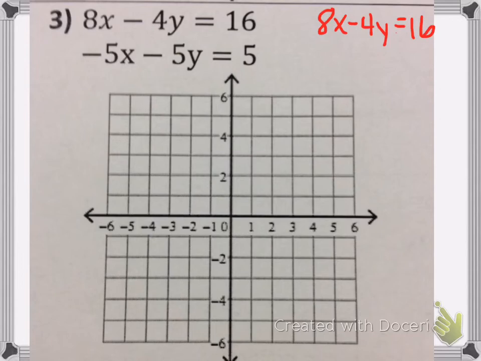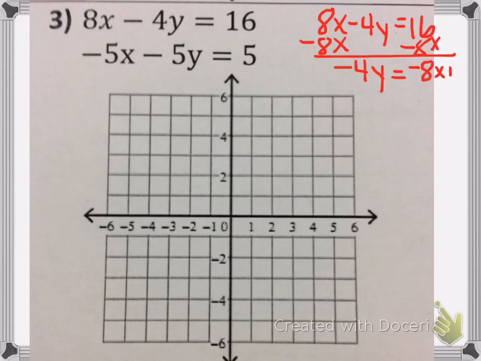I've told you to just cover up the 4y and see what you need to move. When you cover up the 4y, you need to get rid of the 8x. So we're going to subtract that 8x over to the other side. It doesn't combine with anything, it just gets rewritten. So we'll have a minus 8x and a plus 16.